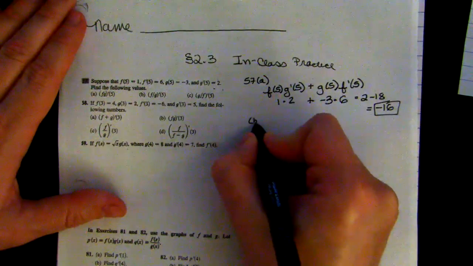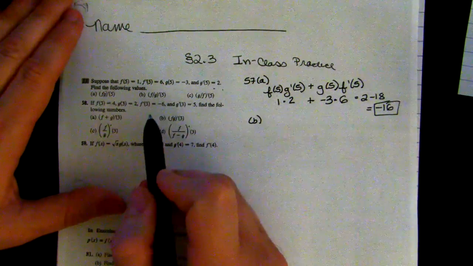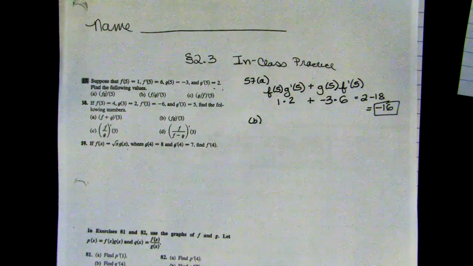In letter B, f over g prime of 5, well, that's quotient rule. Take a moment, the video is going to pause, and write out the quotient rule with 5 where the x would normally be.